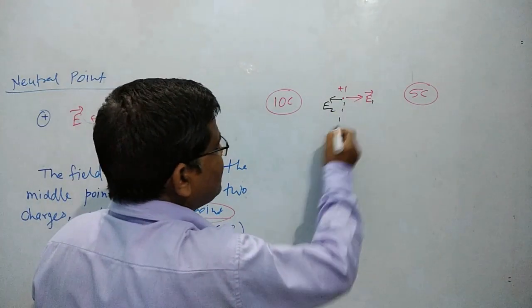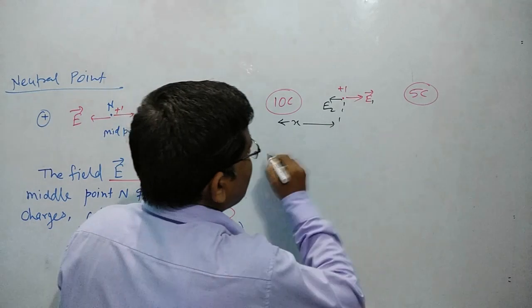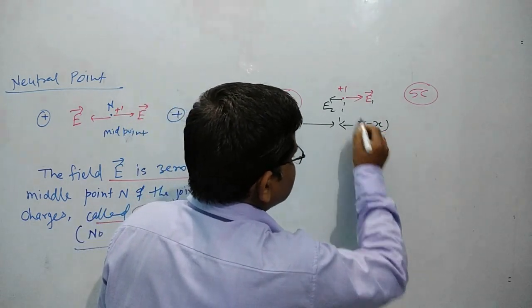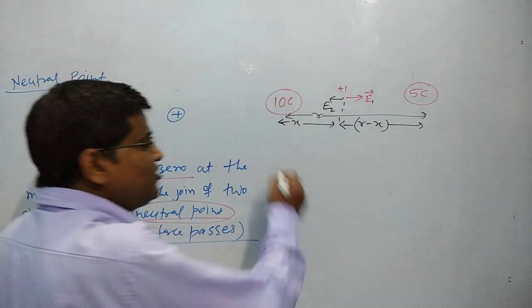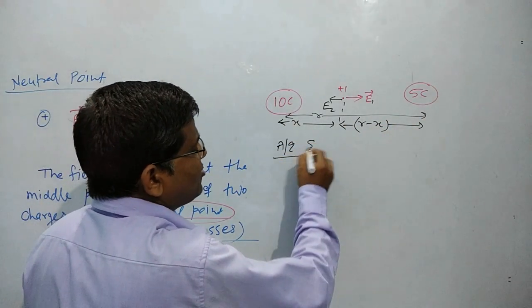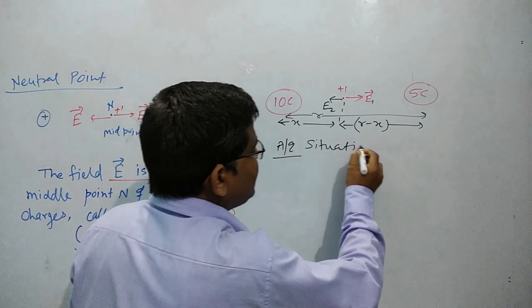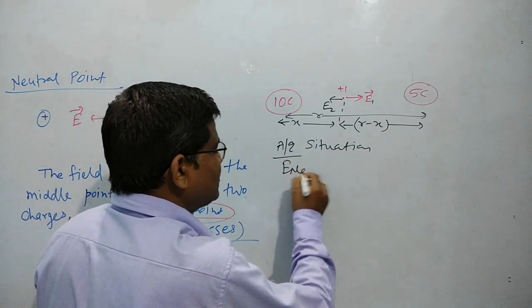Suppose this distance is x and this one is r minus x, because the distance between these two charges is r. According to the question, the net electric field is 0.